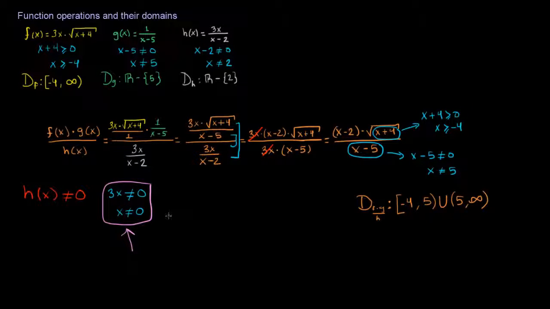We found that x has to be different from 0, and I'm just going to write here the final domain. I'm just going to write here big D, and this would be including all the restrictions here. It would be something like this: from -4, including the -4, we use this bracket here, until the 0.